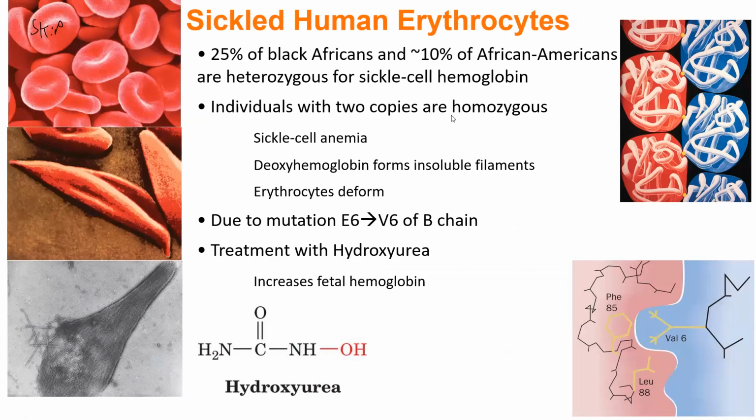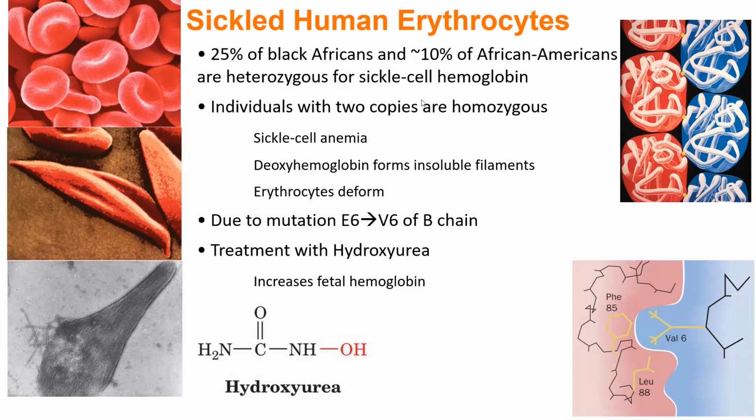And briefly, let's talk about sickle cell anemia. What sickle cell anemia is, is that your red blood cells become sickle-like, and they can get stuck in your veins, your capillaries rather, and cause a blood clot. And this can be very dangerous.